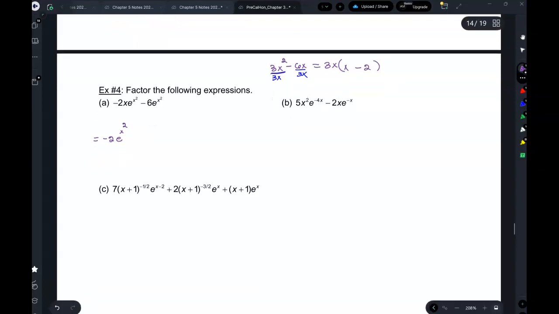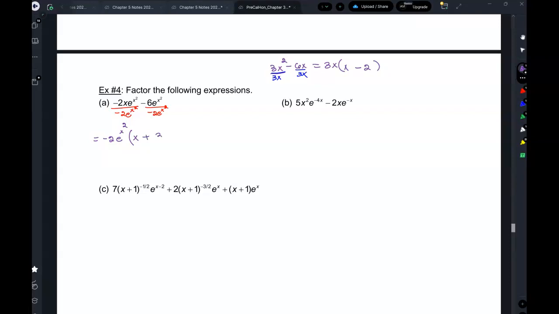So here too, when I'm going to factor out negative 2 e to the x squared, you have to divide both of them by this. So now, from the first term, I have an x left plus a 3, and that's the factored answer. Okay? Same skill, just looks different.